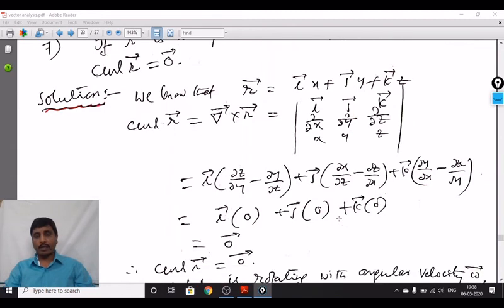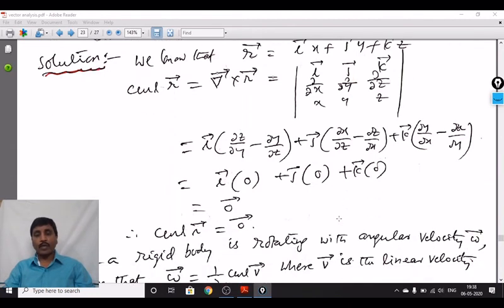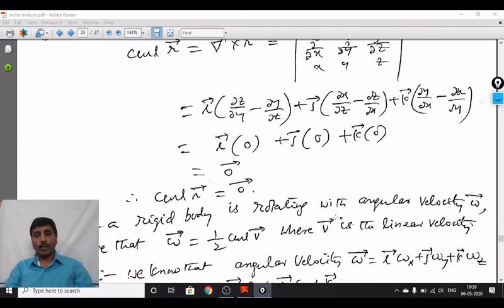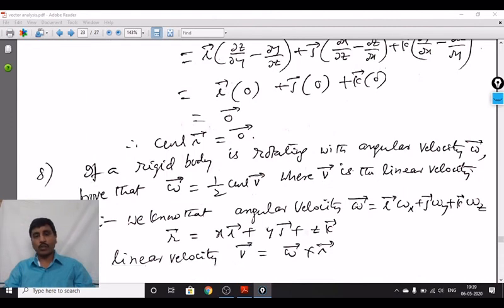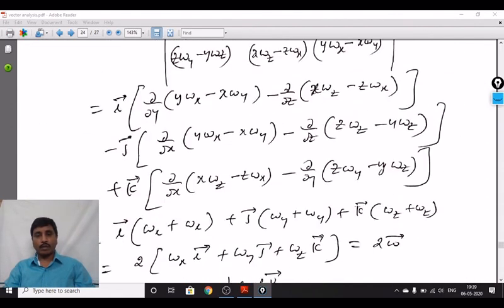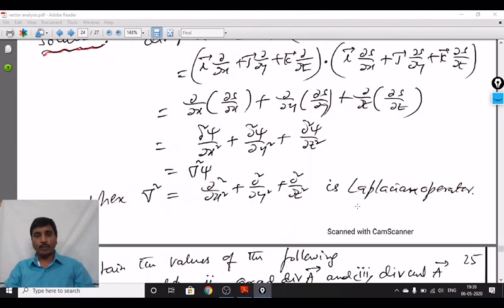This can be expanded as i bar into (dou z by dou y minus dou y by dou z) plus j bar into (dou x by dou z minus dou z by dou x) plus k bar into (dou y by dou x minus dou x by dou y). That is equal to i bar into 0 plus j bar into 0 plus k bar into 0, that is equal to 0 bar. That means null vector. Therefore, curl R bar is equal to 0 bar. In this way, we can solve so many problems.